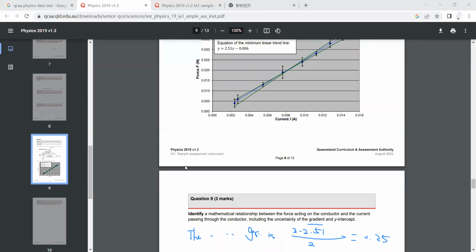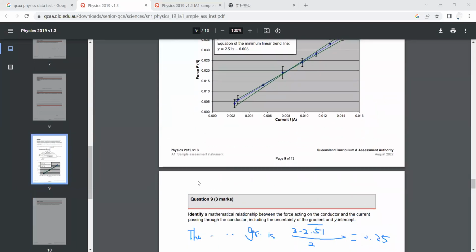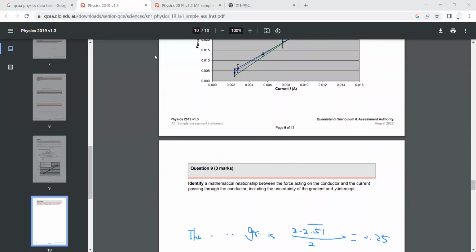And similarly, we can write out the gradient, because I can't move what I've written down there, so I have to write it above. The uncertainty of the y-intercept is... what is the gradient?